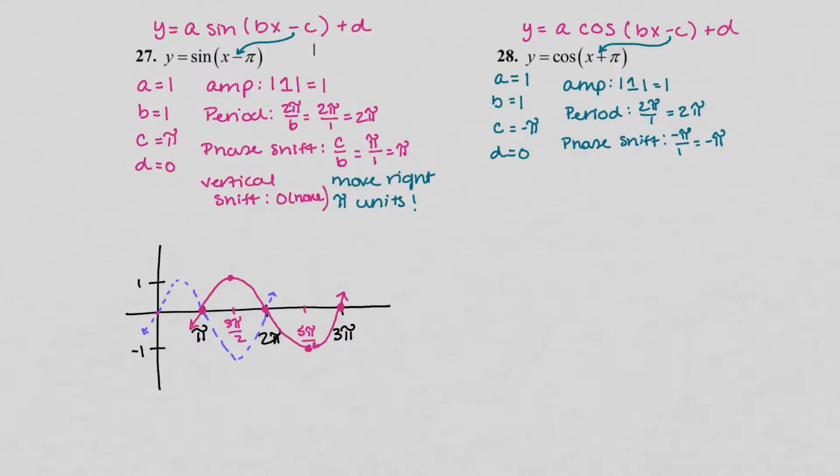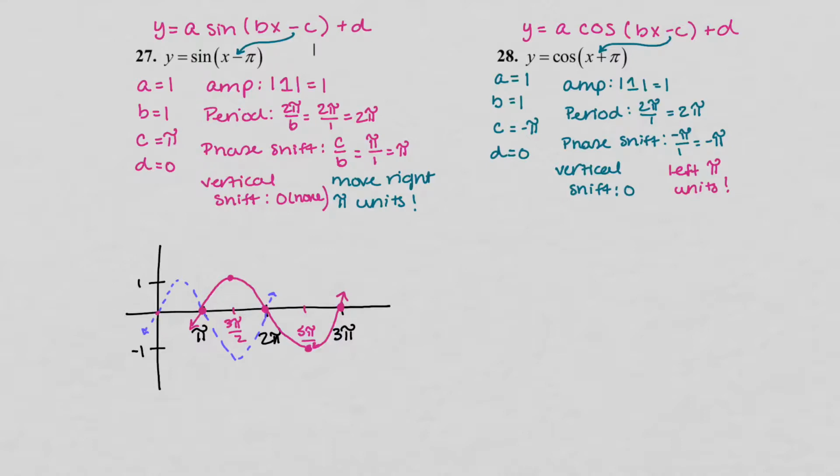And what that actually means is that we are moving left pi units. And then D being 0 means that our vertical shift is 0. So the only thing that has changed from the parent function for this particular cosine function is that it moved left pi units.